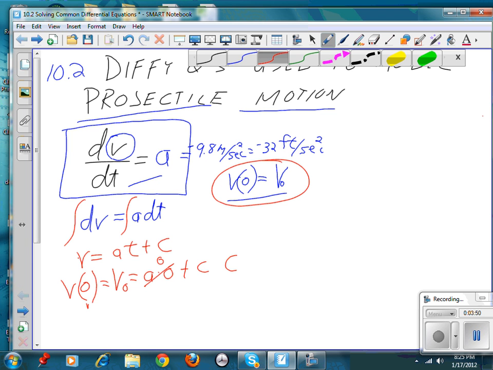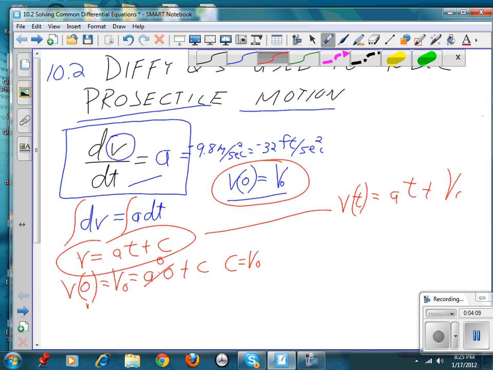So c is equal to v0, and this leaves my result to be, voila, velocity as a function of time is equal to a times time, the acceleration due to gravity times time, plus the initial velocity. You use that to calculate, for instance, when is this particle not moving? When is velocity equal to 0?